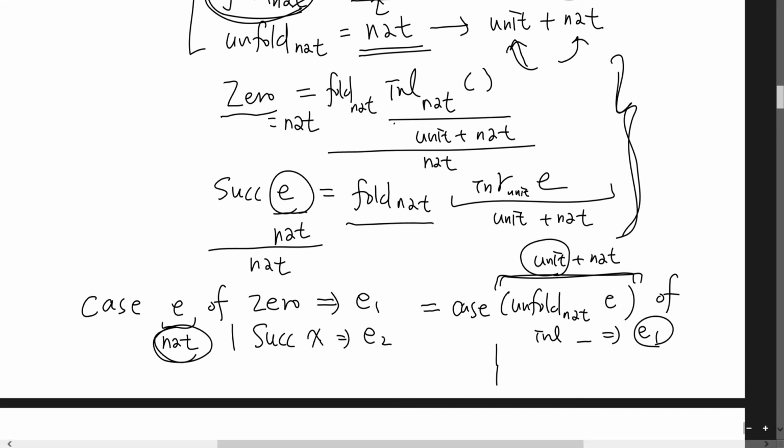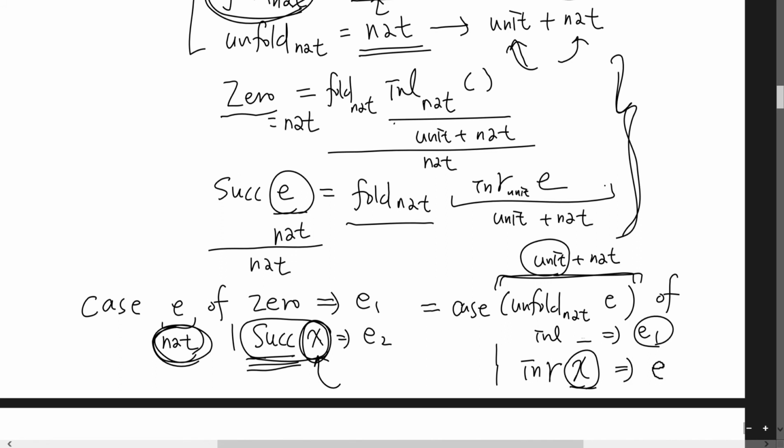If not, we have previously taken the right branch, that is, we created this natural number with this successor construct. So in this case, this is going to be injection right, and this x is going to be this pattern variable x. This variable x is going to be bound to the actual argument to this successor construct.